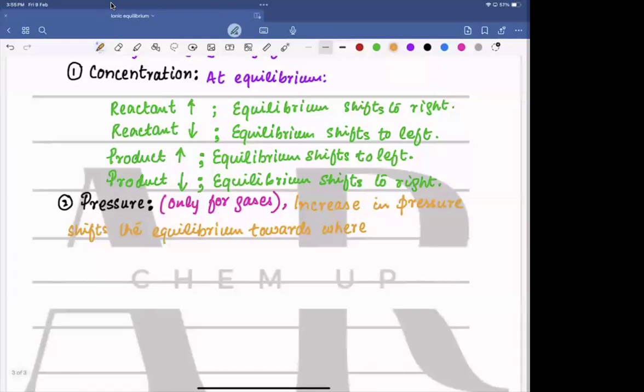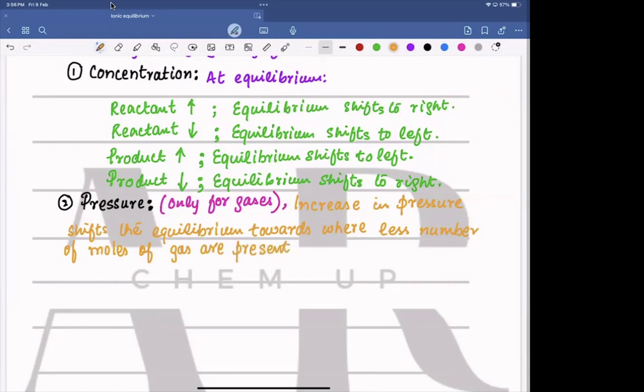Here you have to see towards where the lesser number of moles of gas are present.